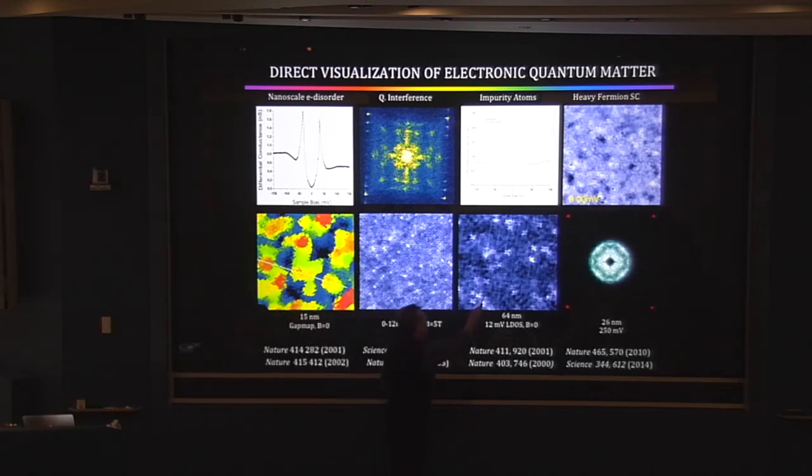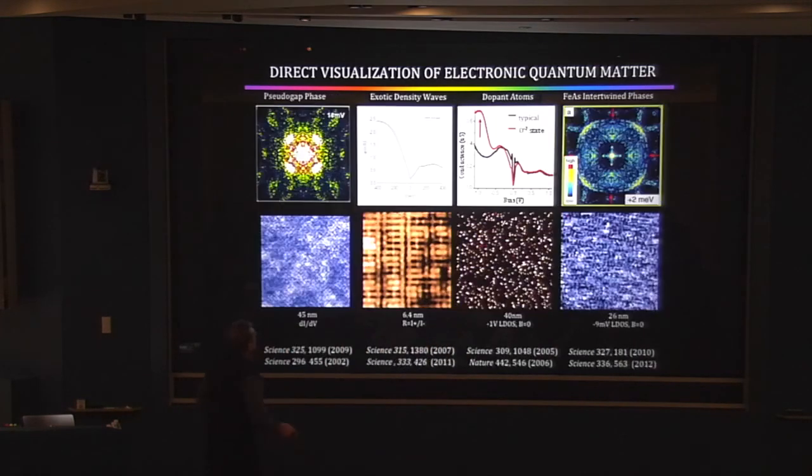You can image the effect of individual impurities. These are dopant atoms. You can image the heavy fermions. That's a strongly coupled electronic liquid. You can image other properties of superconductors. You can image electronic liquid crystal states. If you're a hardcore material scientist, you can image where every dopant atom is in the material to figure out what it does. And you can image many other things.